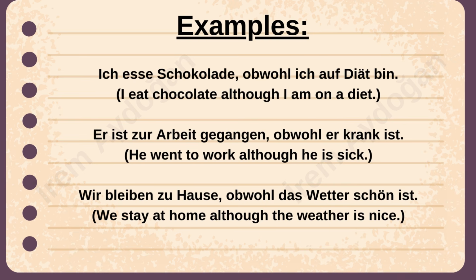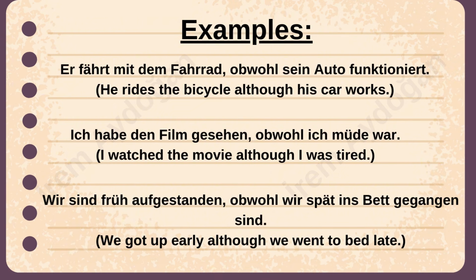And the next one, wir bleiben zu Hause, obwohl das Wetter schön ist. We stay at home, although the weather is nice. And the next one, er fährt mit dem Fahrrad, obwohl sein Auto funktioniert. He rides the bicycle, although his car works.